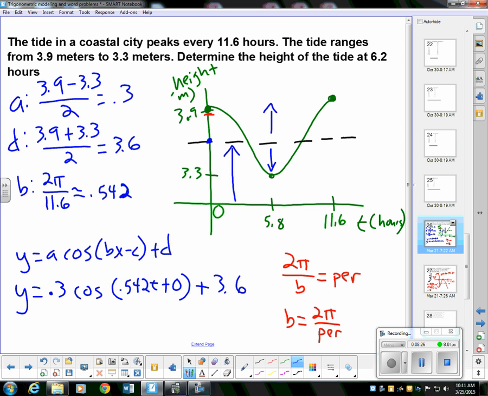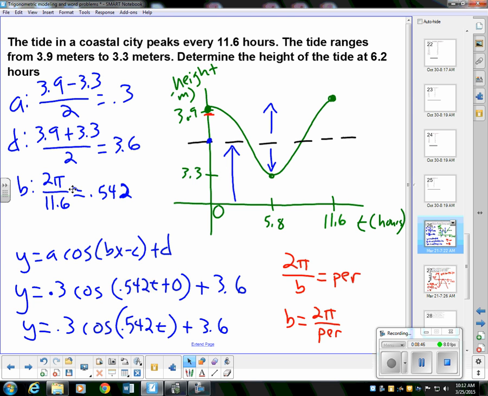So if we want to rewrite this in its more basic form, it's 0.3 times the cosine of 0.542t. Put that in parentheses just to differentiate it, plus 3.6. That is our model there: 0.3 times the cosine of 0.542t plus 3.6. So we have our model.